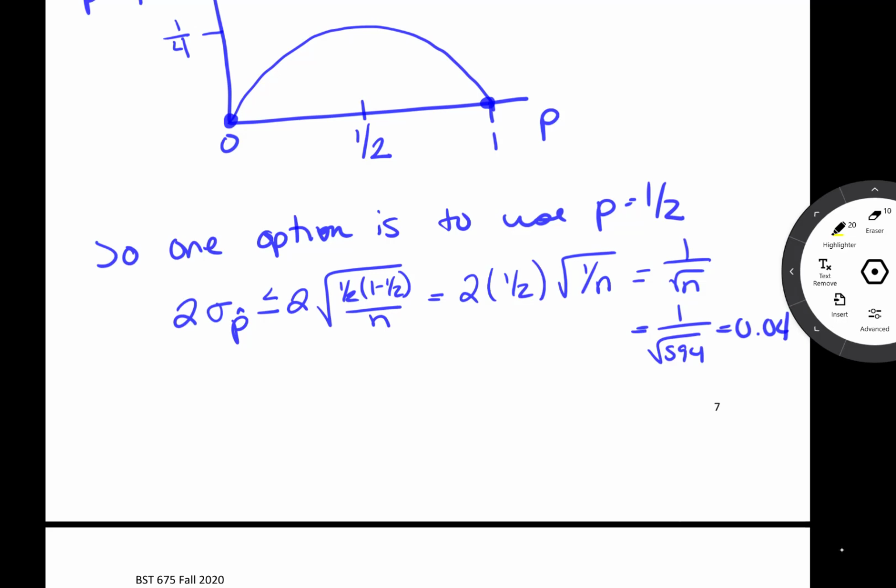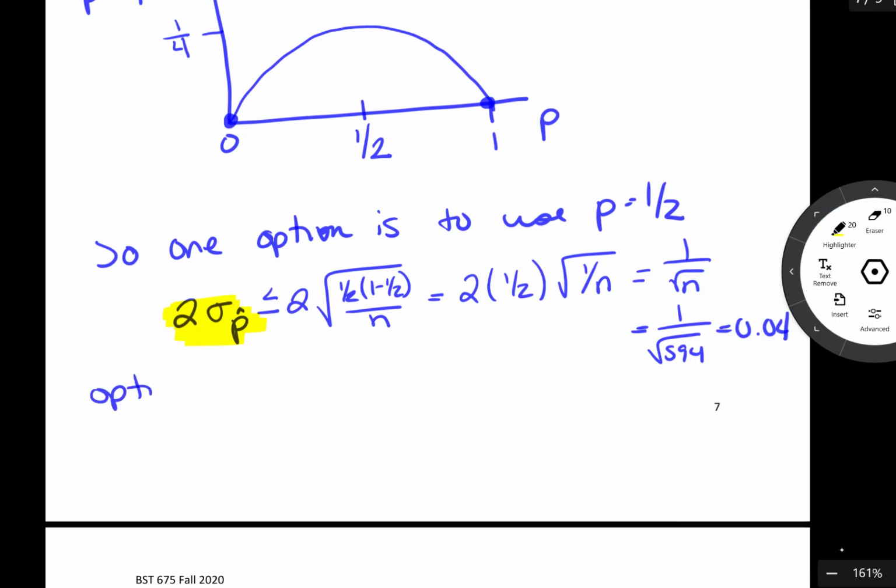This would be the most conservative way to estimate this, again, based on the plot that we have above. Now another option is we could have used p hat, our estimator for p. In this case, we found that our estimate was 192 divided by 594, so we could set p hat equal to that, and then plug that into 2 times the standard deviation for p hat to get that estimate.